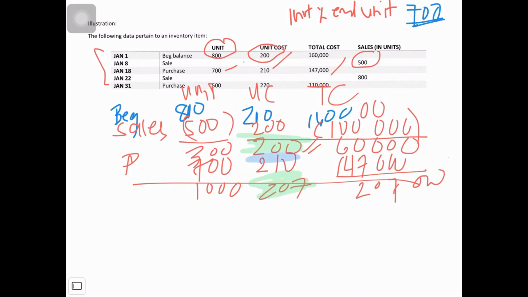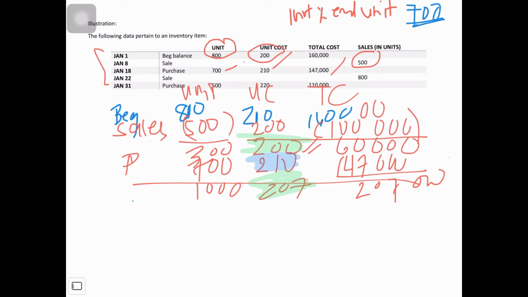Now 207 divided by 1,000 guys is 207 unit cost. So ang unit cost na niya guys is 207. So see, gikan sa 200 himo na siya 207 tungod lang sa 210 na diri sa purchases.